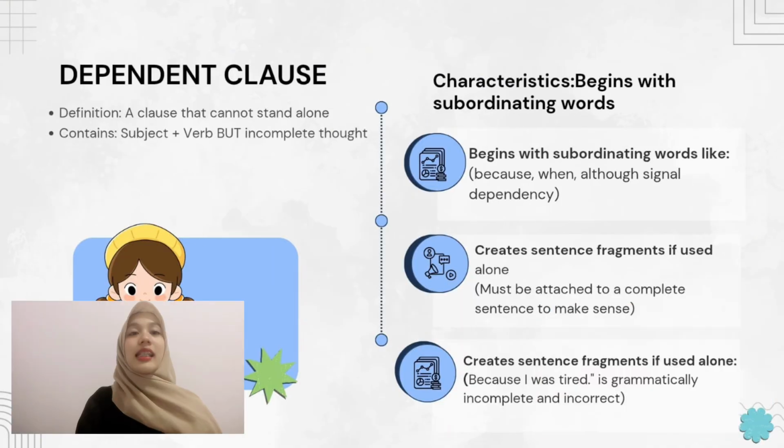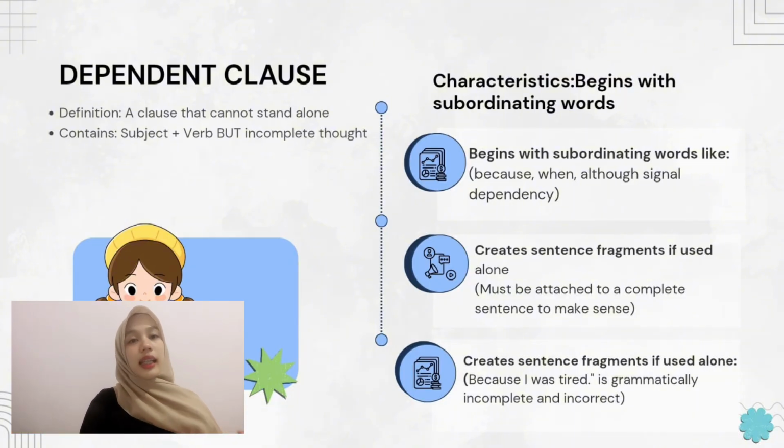The next is dependent clause. A dependent clause is a clause that cannot stand alone. It contains subject plus verb but is incomplete. The characteristics: the first one is it begins with subordinating words like because, when, although, as a signal of dependency.